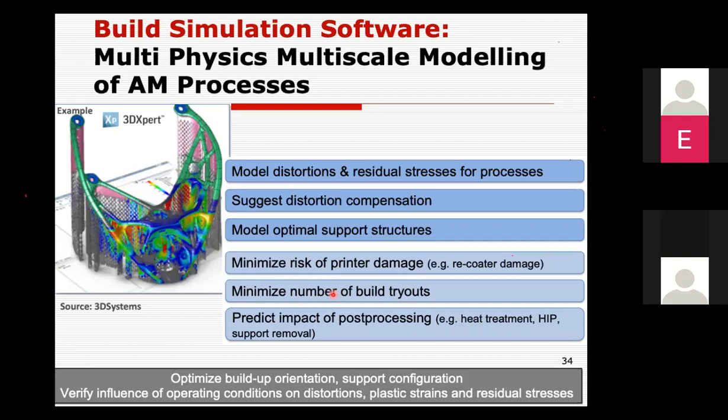Sometimes we also need to predict the post processing outcomes. Maybe the part needs to undergo some heat treatment, hipping or support removal. So we can anticipate and optimize the cost by adopting these sort of simulation software, right? Through simulation you can optimize the orientation, do support configuration, or verify your operating conditions.